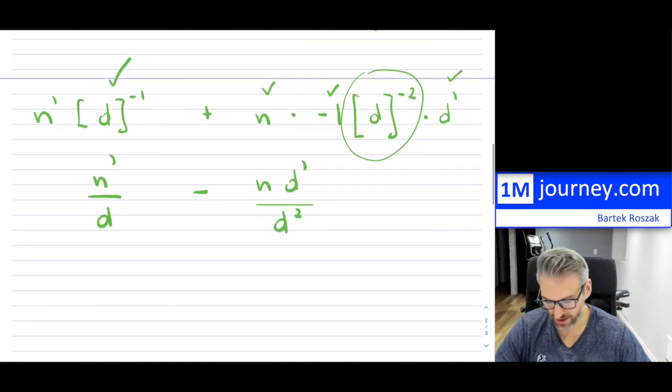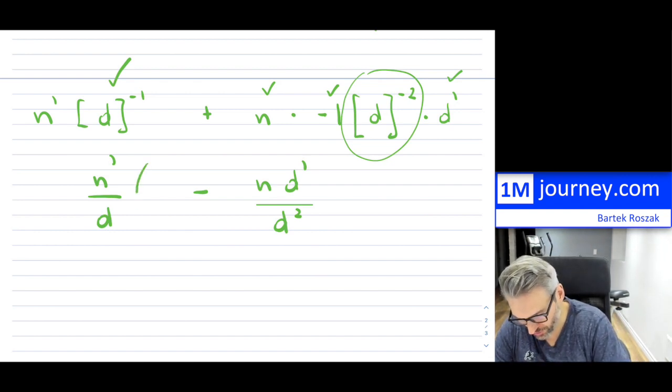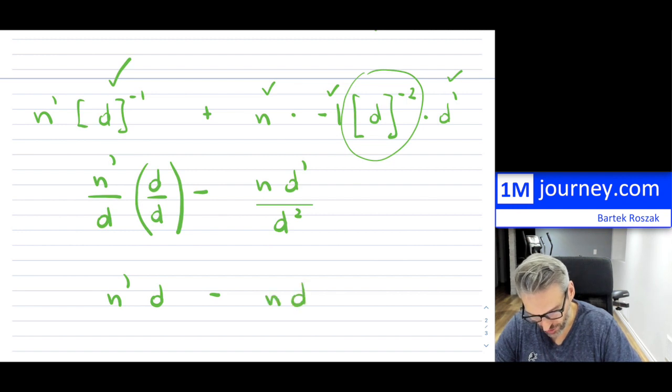Now, if you want a common denominator in between both, then you would have to multiply this side by d over d so that you have d squared. And notice what you'll get. You'll get n prime, which is the derivative of n, multiplied by d minus n multiplied by the derivative of d, all over d squared.